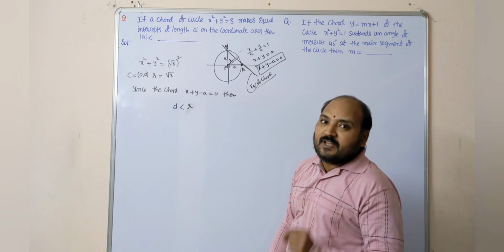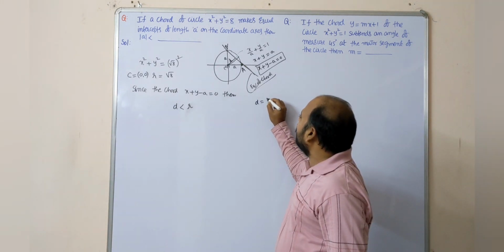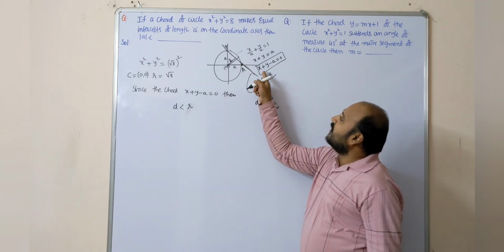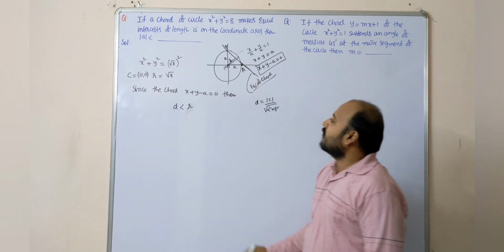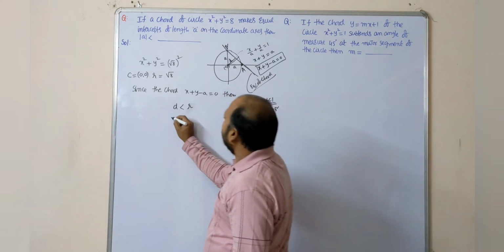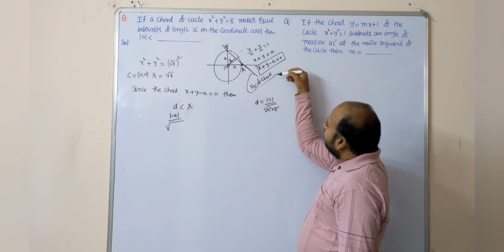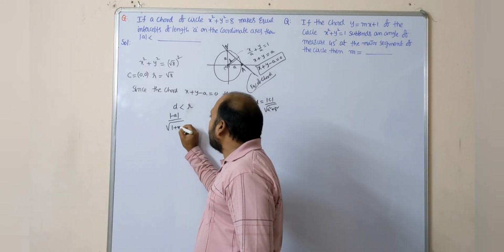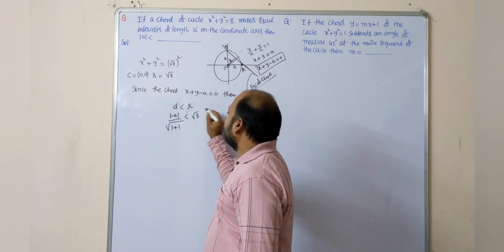In first year, the perpendicular distance from origin to the line means d equal to mod c by root of a square plus b square, where the equation is compared with ax plus by plus c. c is equal to what? Minus a. So d is mod minus a by root of a square plus b square, where the x coefficient is 1 and the y coefficient is 1, so root of 1 square plus 1 square, is less than the radius value, which is root 8.